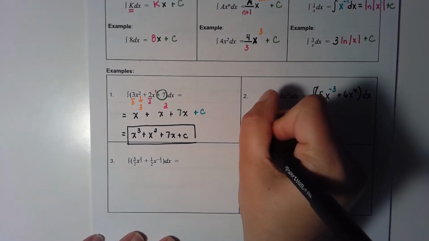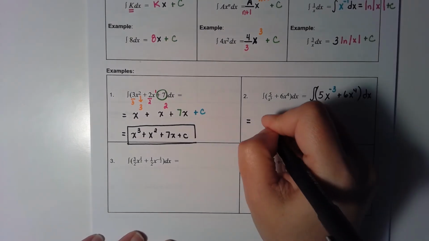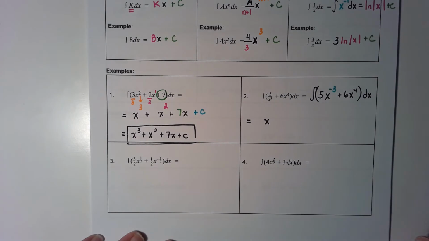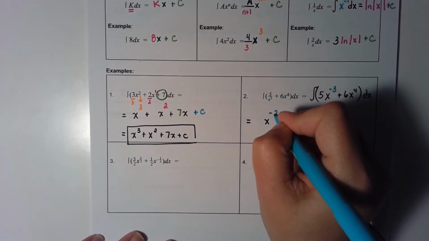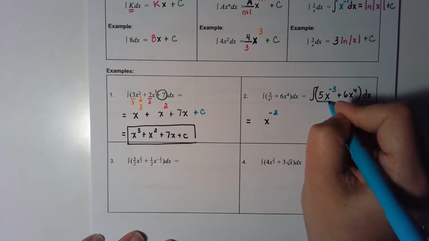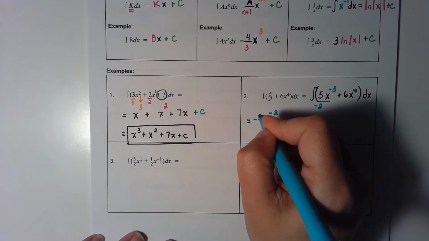Now I'm going to do this one term at a time. So the first thing I'm going to do is add 1 to my power. So I've got x, and when I add 1, negative 3 plus 1 would be negative 2. And then I'm going to divide by negative 2, so I get negative 5 over 2, x to the negative 2.